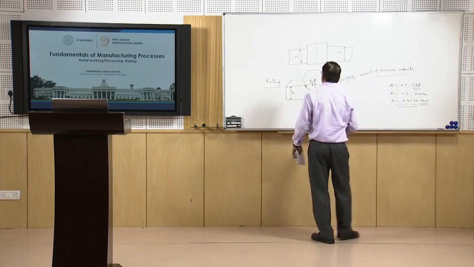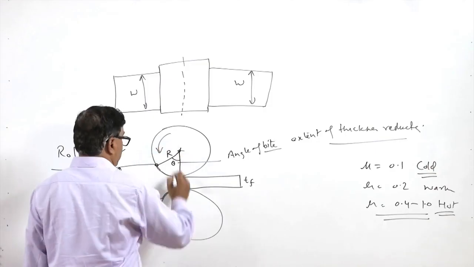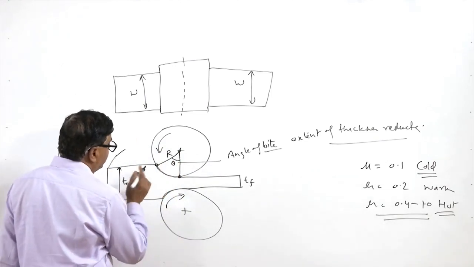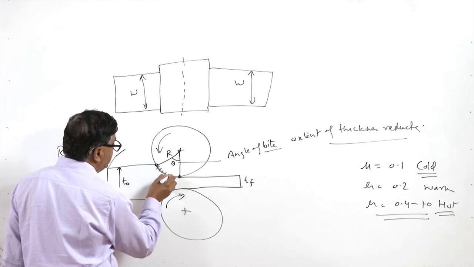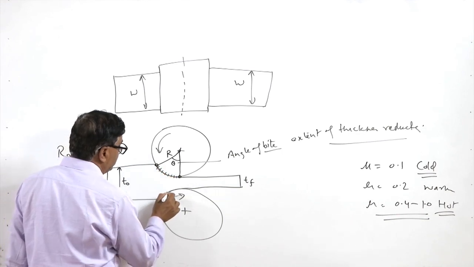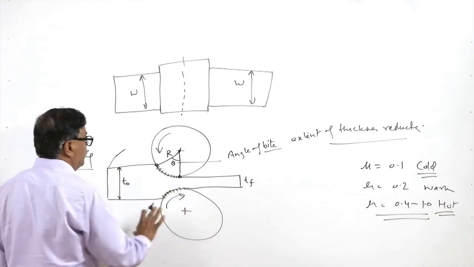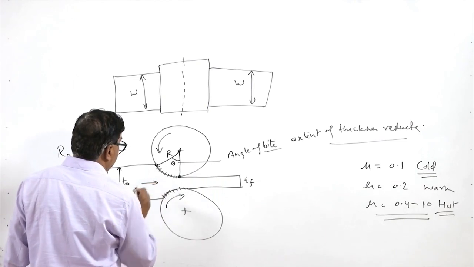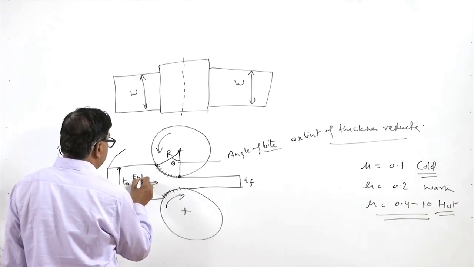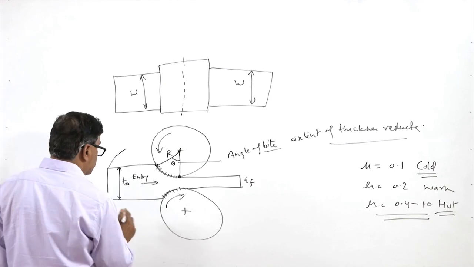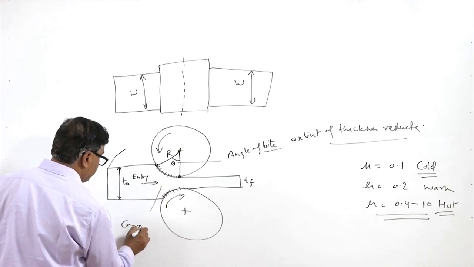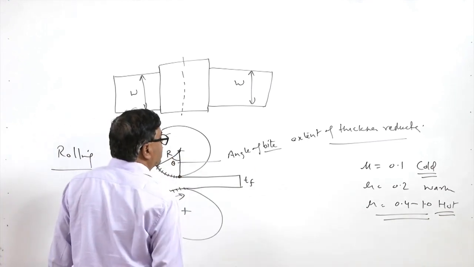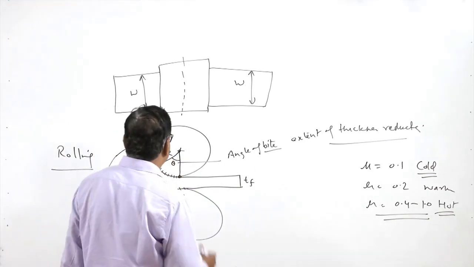So, basically during rolling, when the rollers are rotating, the friction between the roller and the plate surface tends to pull the metal in between the rollers. This is where the entry of the metal takes place. Here it is compressed, and compression leads to a reduction in the thickness of the metal by deforming it plastically.